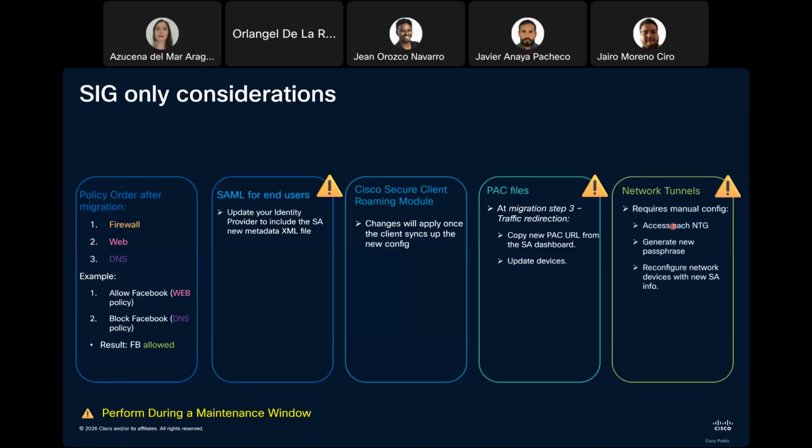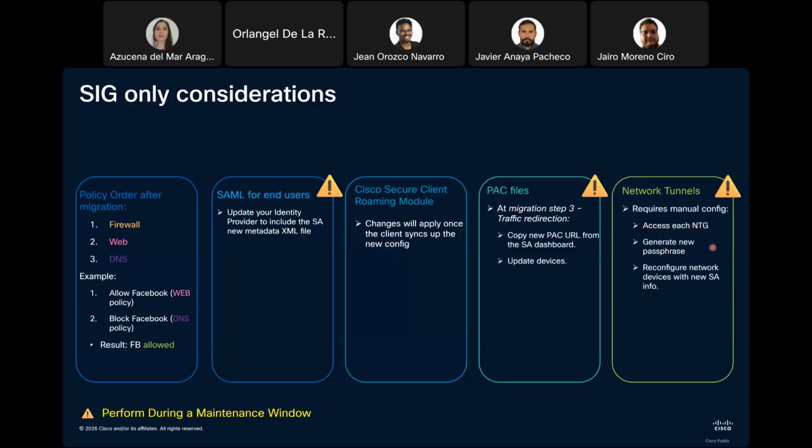And the network tunnels require manual configuration, but it will migrate the names of them into Secure Access. So once your Secure Access dashboard is generated, you can click on each network tunnel group.